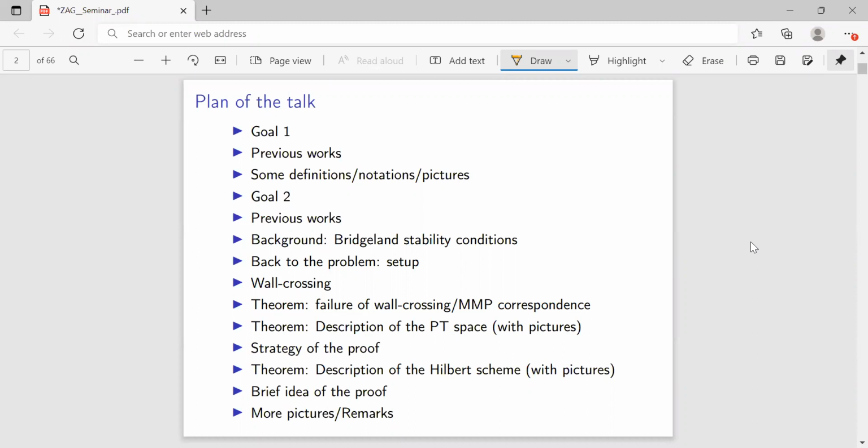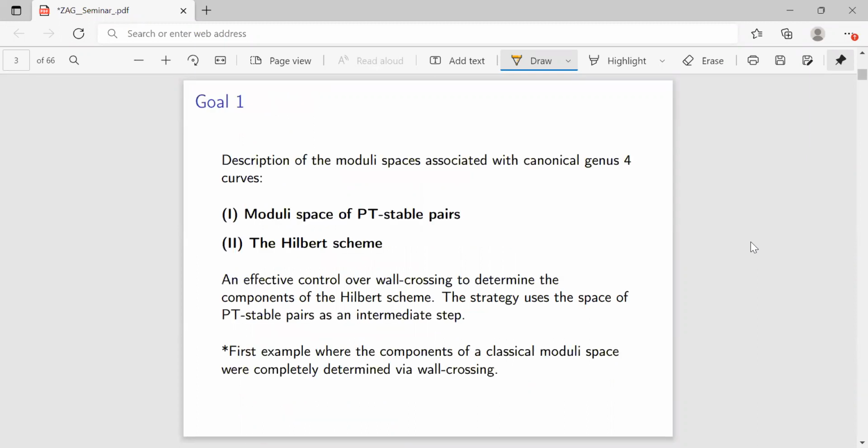Okay, so the first goal is to describe the moduli spaces associated with canonical genus 4 curves, the following moduli spaces, which are the moduli space of PT stable pairs, and also the Hilbert scheme. The way that we want to do this is via an effective control over its wall crossing to determine the components of the Hilbert scheme, basically.